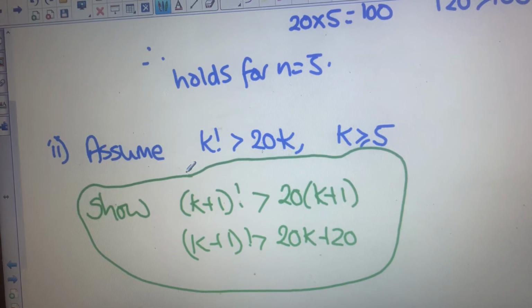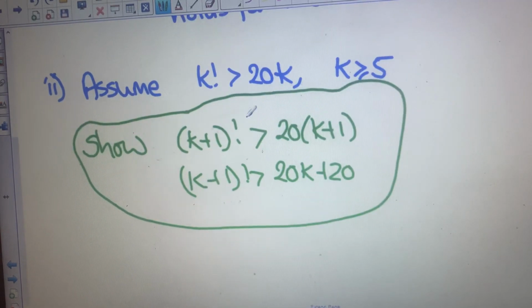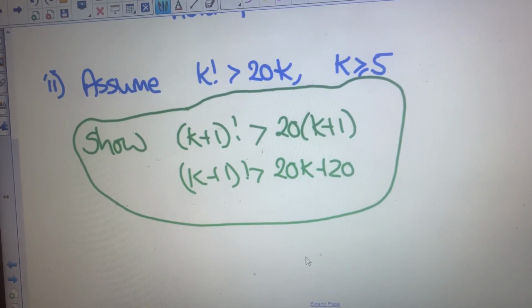So I'm going to rewrite my k plus 1 factorial. k plus 1 factorial we know is k plus 1 times k factorial.